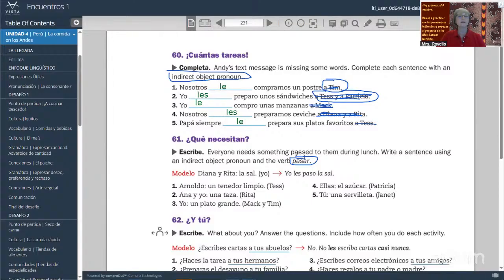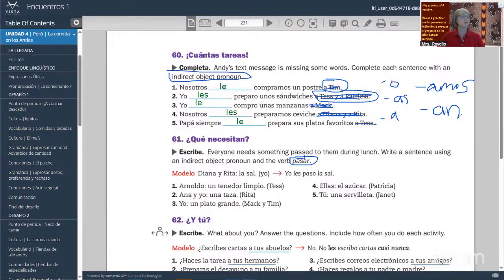Pasar is a regular AR verb, right? Which means o, as, a, amos, an. Okay, those are our endings, right? So we would get rid of the AR to find the root, pas, and then add the appropriate ending.